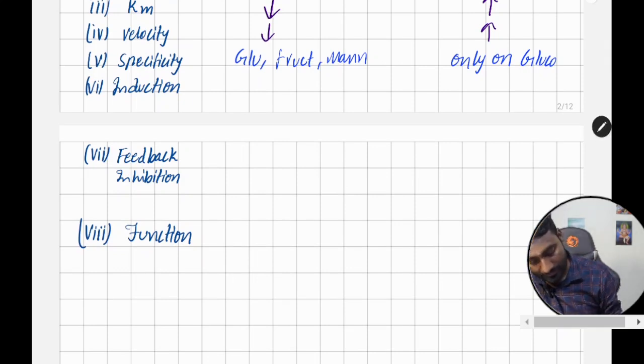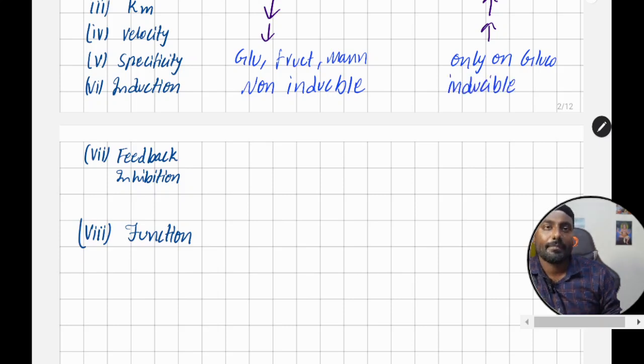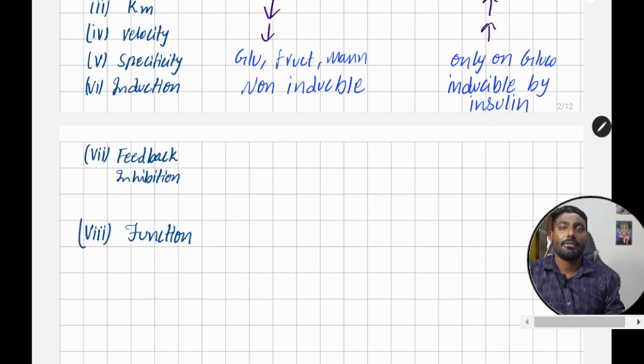Here it is non-inducible. Here it is inducible by insulin. Got it? Insulin is inducing glucokinase, but not hexokinase.